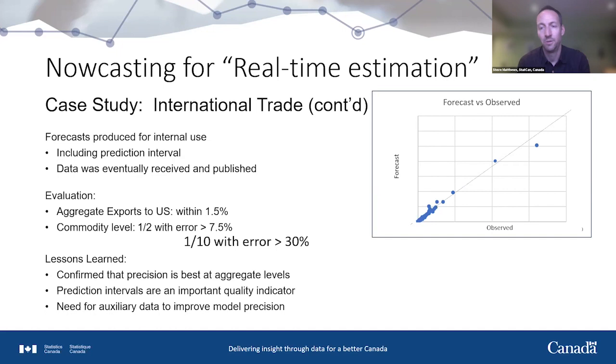For exports, it could be something like domestic manufacturing. If our domestic manufacturing is high, maybe we'd expect the exports to be high as well. But that's where there's some creativity that comes into play to try to find a variable that will help us and get our hands on it, prepare it, use it in the model, and try to improve the forecasts.